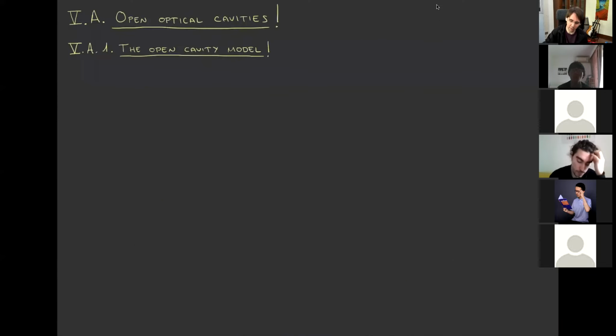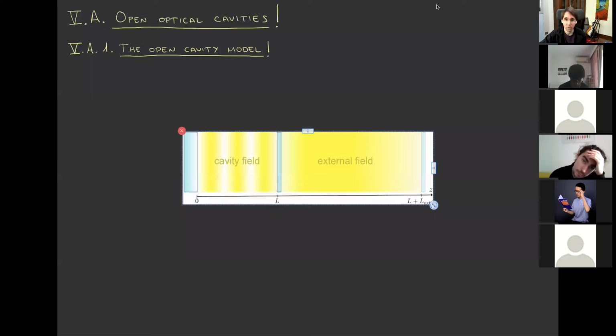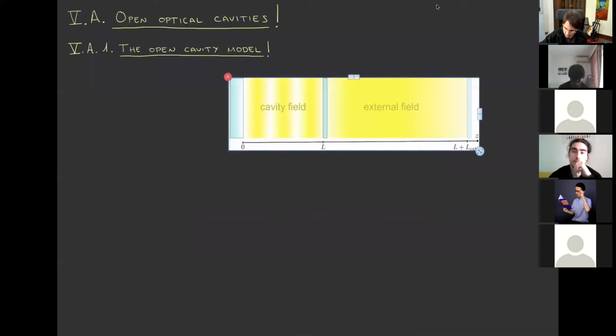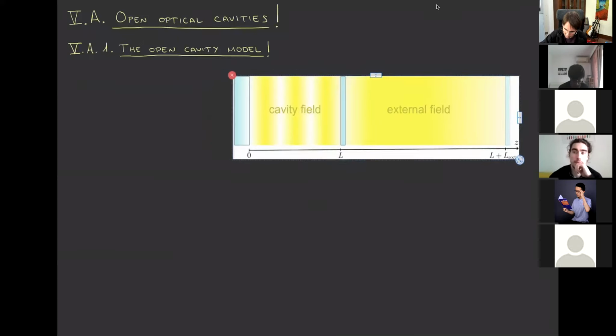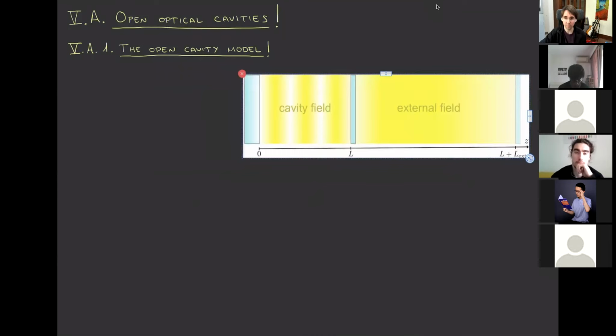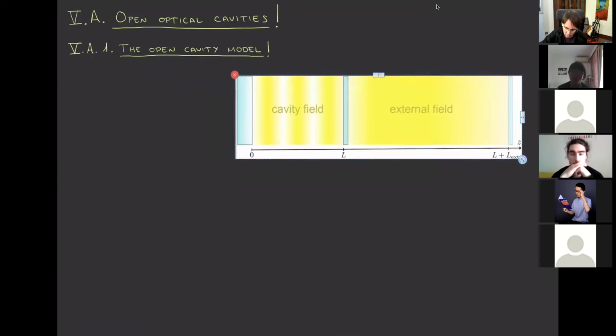So let me start with this. First of all, I hope you can see this. The model that we are going to use for an open cavity is the following.